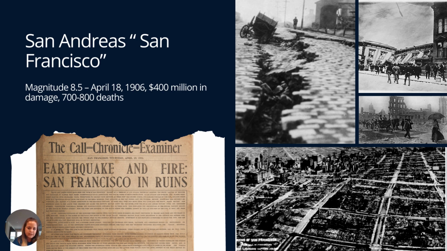One of the really interesting things that came about this earthquake, not only discovering the San Andreas Fault, but they also tried to put it off as the 1906 fire. So there were a lot of fires, and that was from gas lines breaking. But they were trying to get people to come back to the area, and if people thought that an earthquake was going to constantly devastate the region, people weren't going to want to live there.